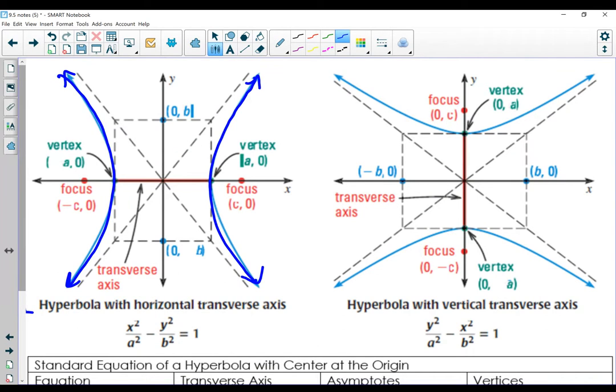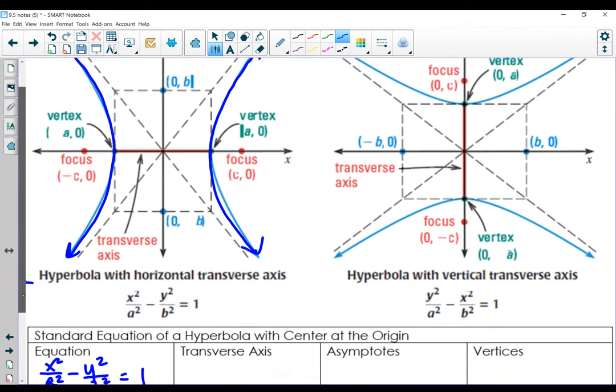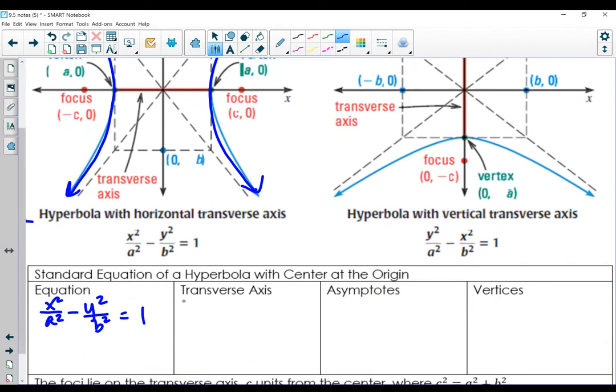So always look, does it open along a horizontal axis or a vertical axis? With this equation, with this graph, our x is first because we have x squared minus y squared. And so we're looking at a horizontal transverse axis.